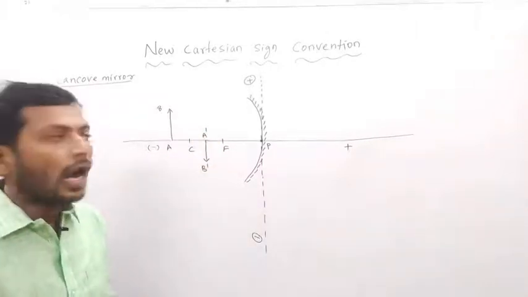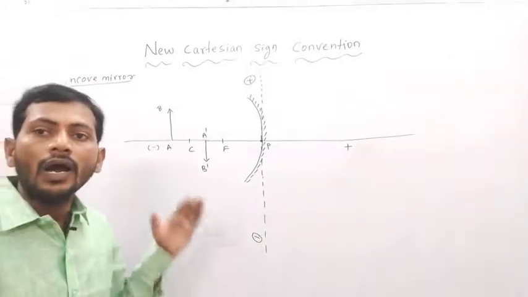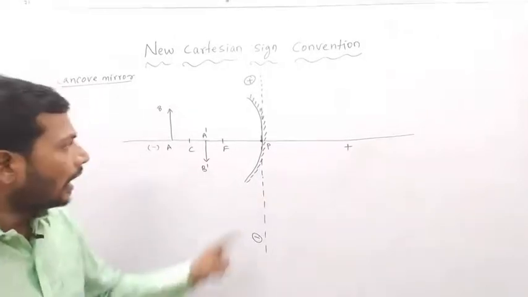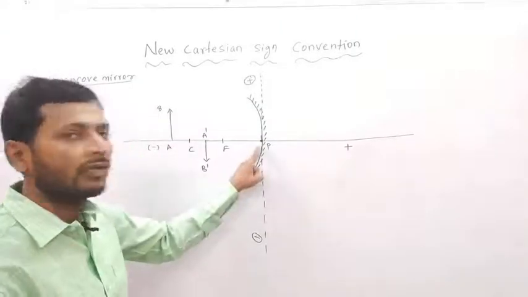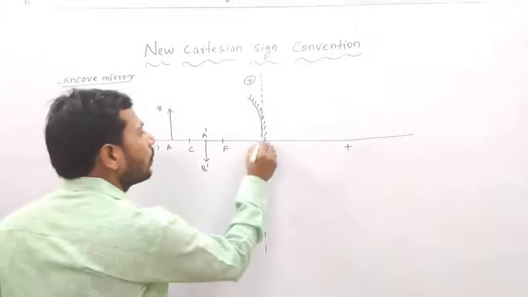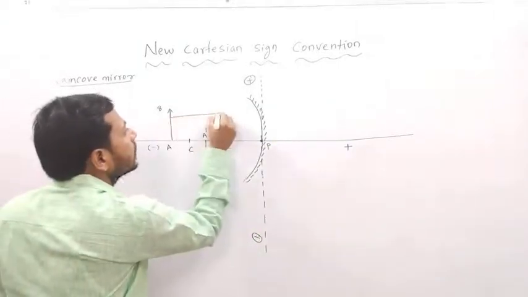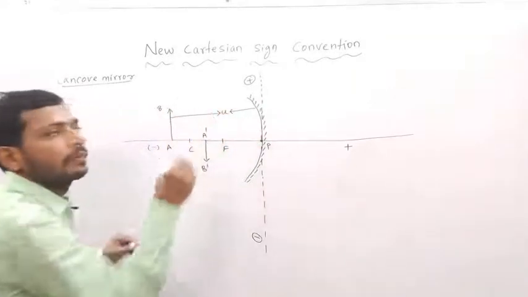Now how are we going to take the sign convention? What is meant by the distance of object or distance of image? On the graph paper, every distance we are going to measure from the pole. So from the pole to the object, this distance is called the distance of an object.